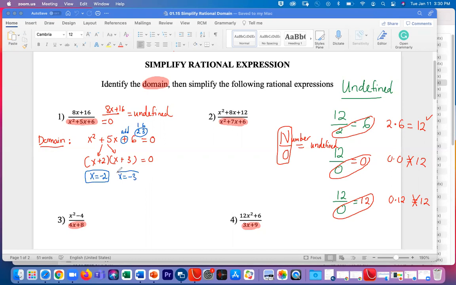It will break the 3. Those are the numbers that make the denominator equal to 0.